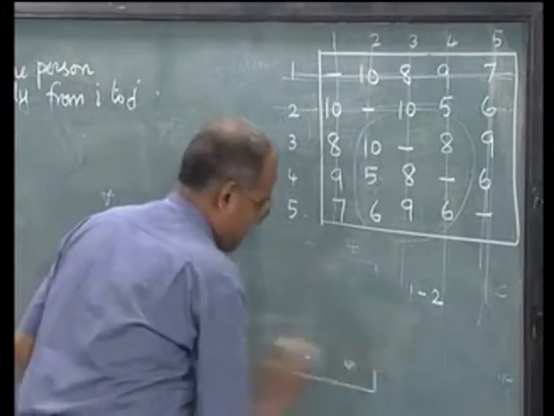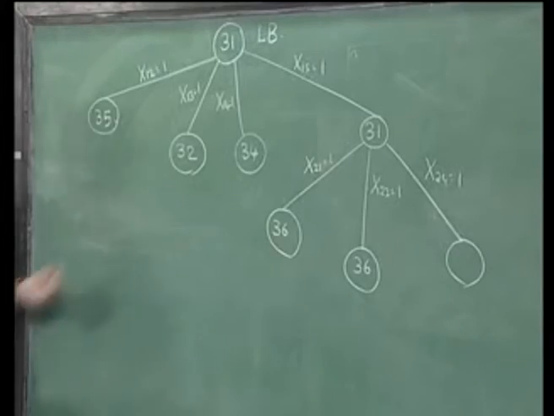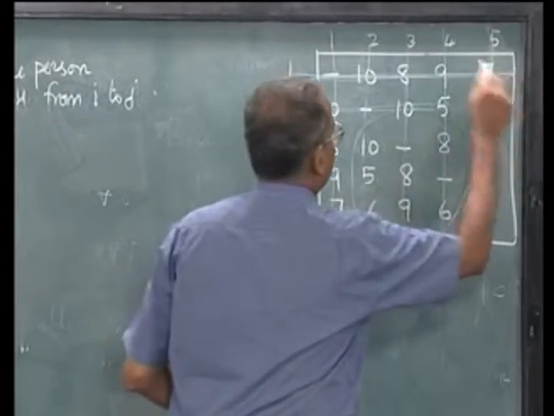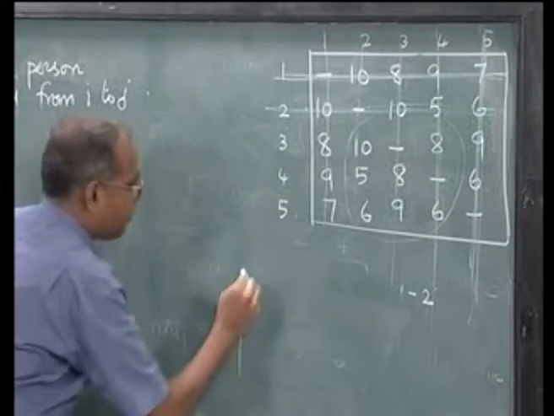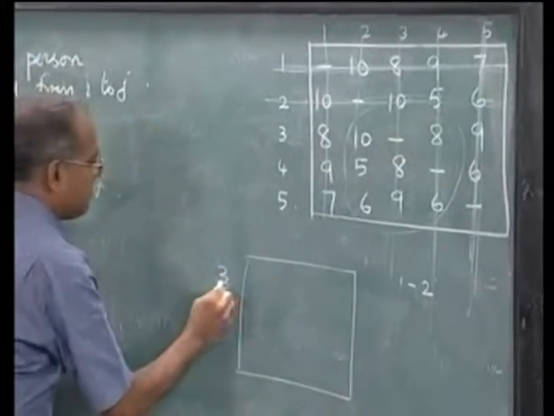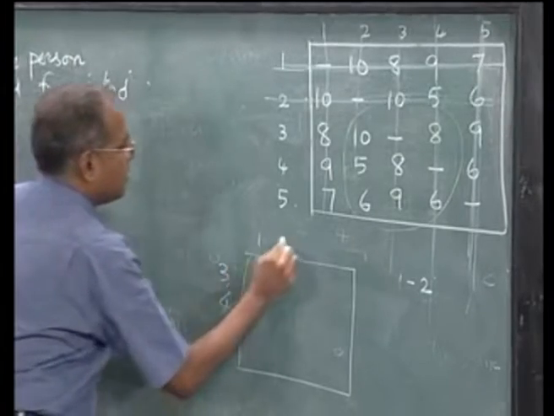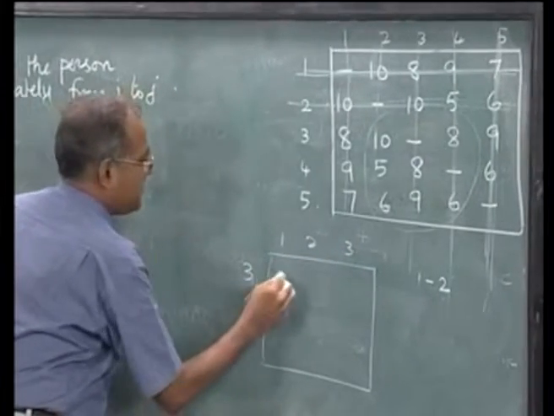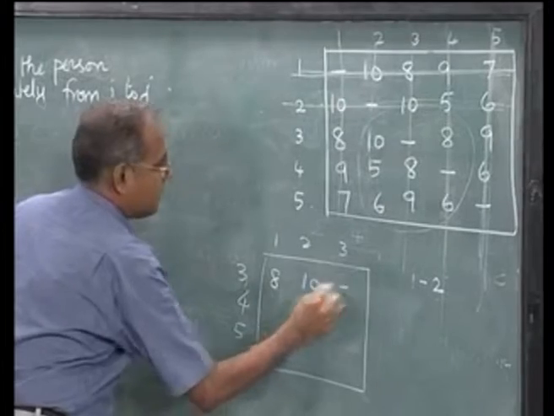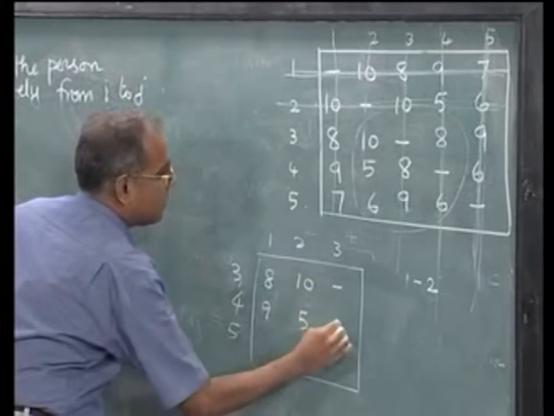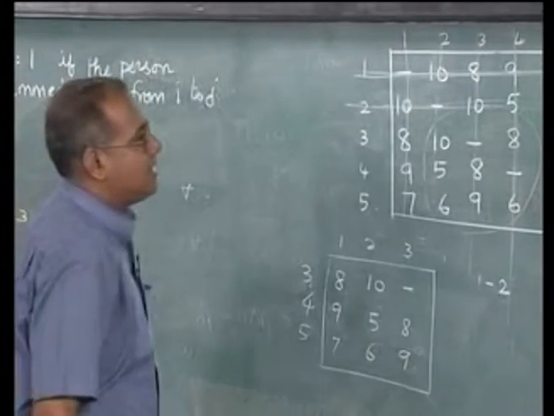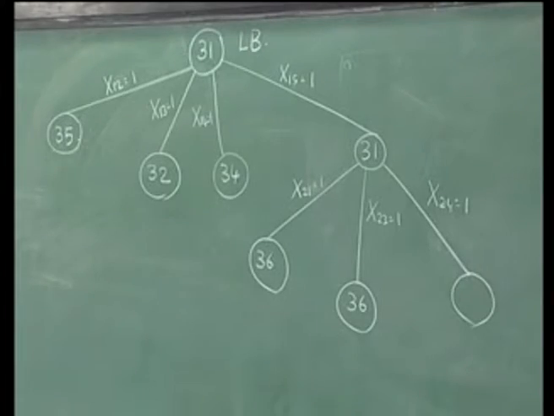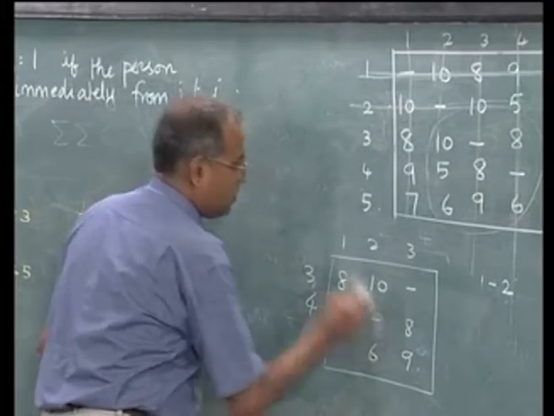Now, I do the third one, which is 1 5 2 4. So, I eliminate this 1 5 and I do 2 4. So, I have 3 4 5, 1 2 3, I get 8 10 dash, 9 5 8, 7 6 9, and since I have 2 4, I should not have 4 2.